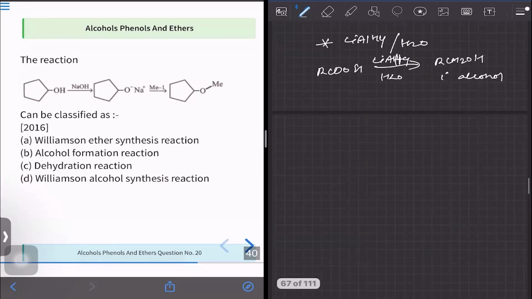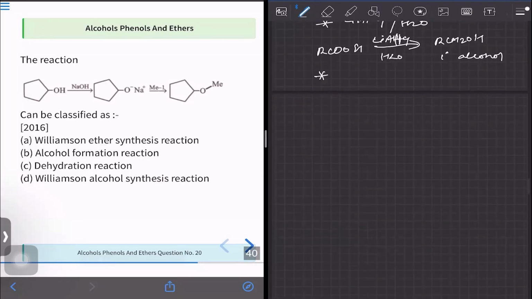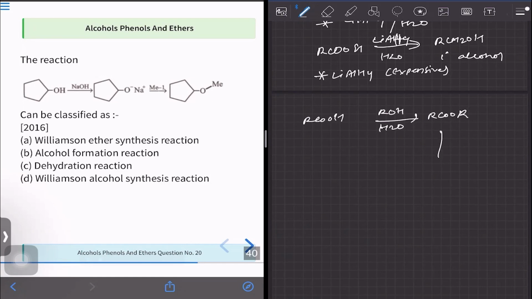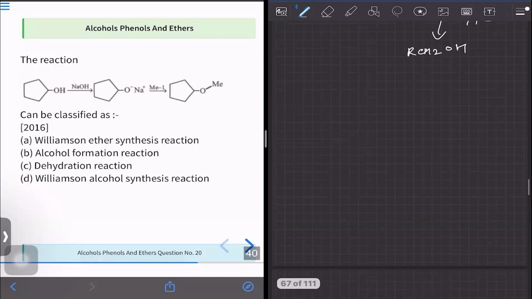We all know LiAlH4 is expensive. So first we convert carboxylic acid into ester. Then with the help of hydrogen in the presence of a catalyst, palladium, it produces alcohol, RCH2OH. So this is another method of production of alcohol.